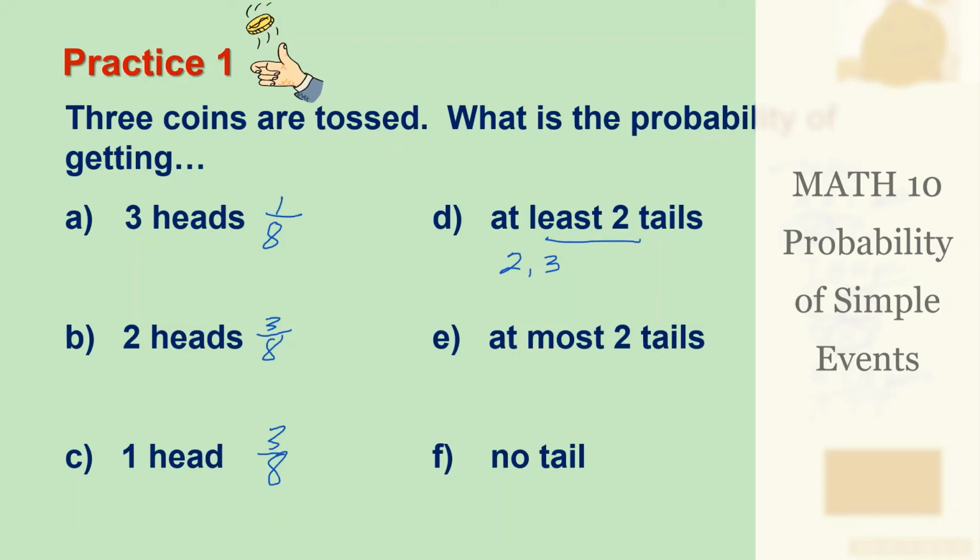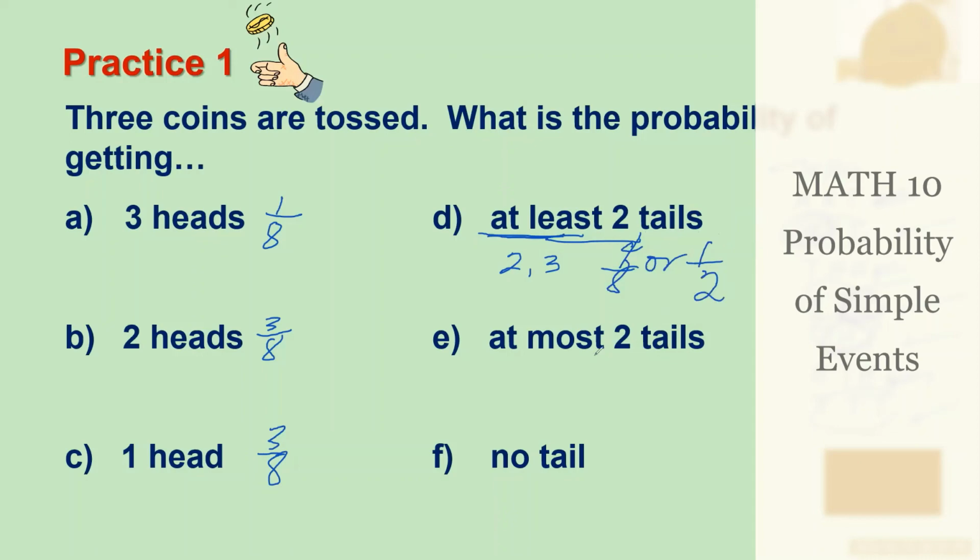Tama ba? Because of the word at least, you can have more than 2 tails or 3 tails. 1, 2, 3, 4. 4/8 or 1/2.